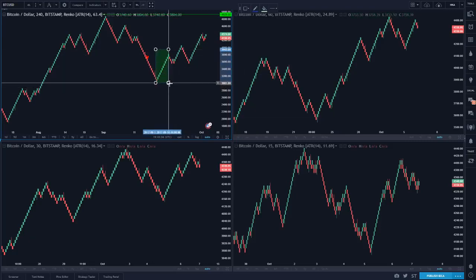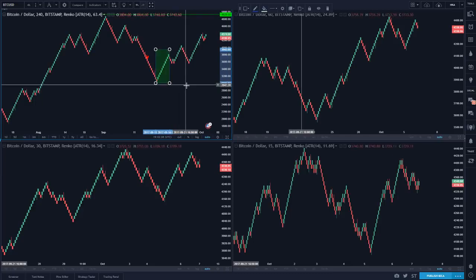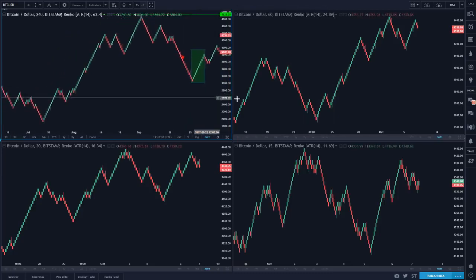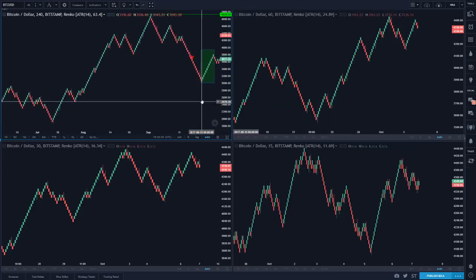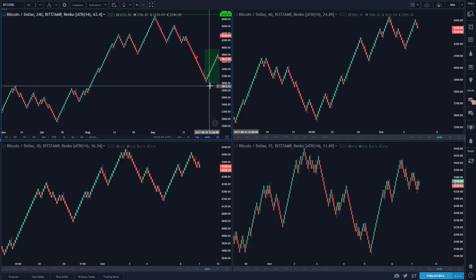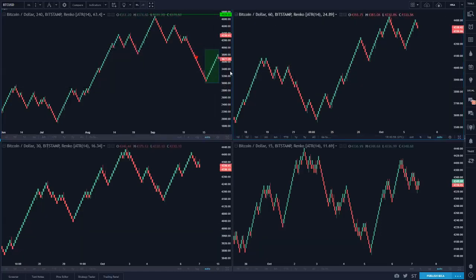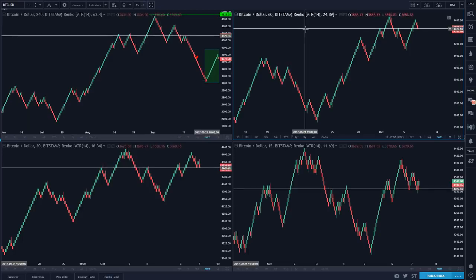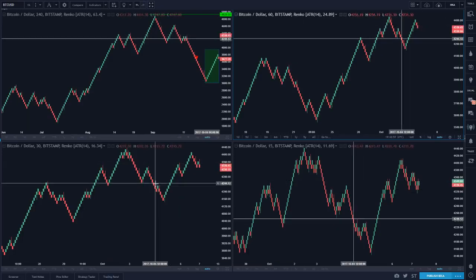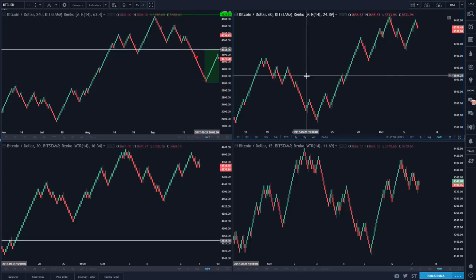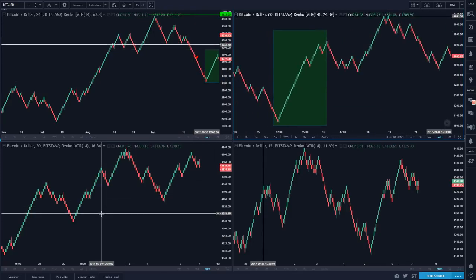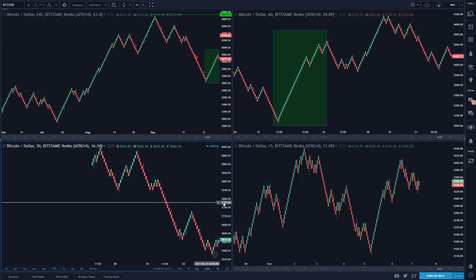All right, so let's say whenever you are going on the chart, you see that the candle is going up. Now what you will do, you confirm that the trend is already in green.